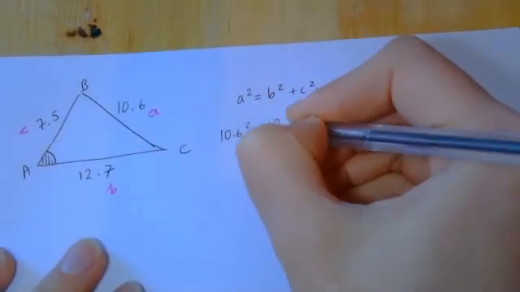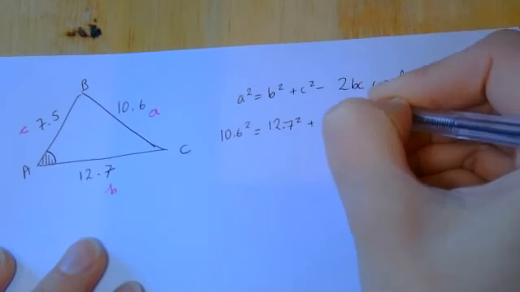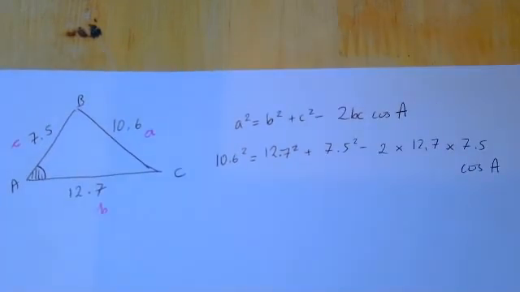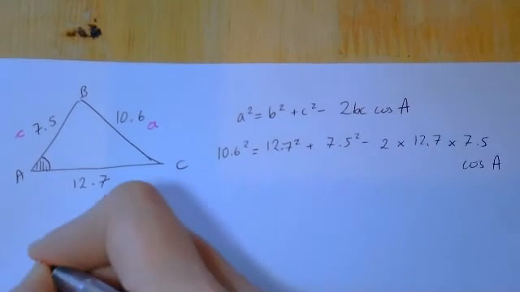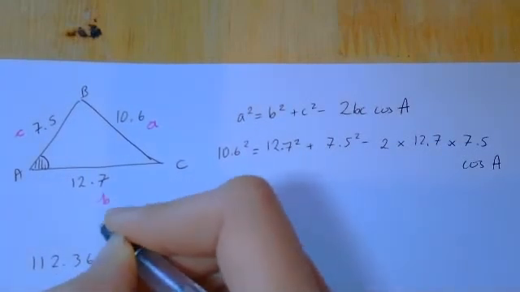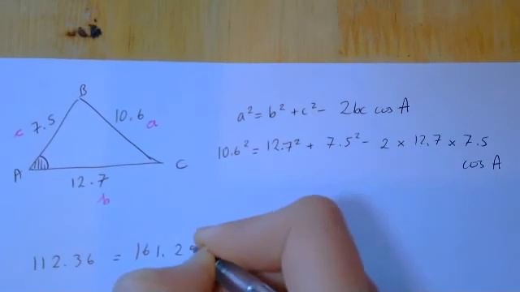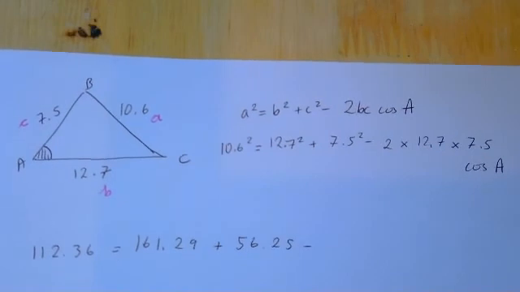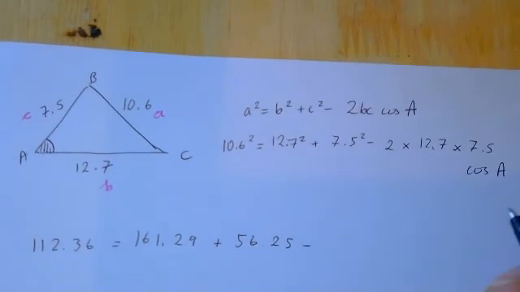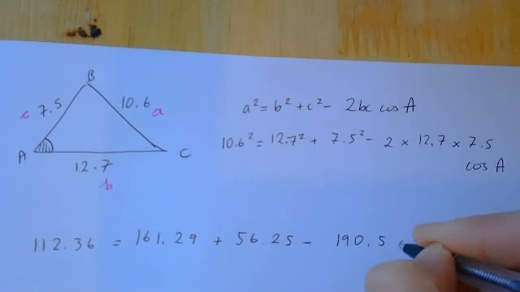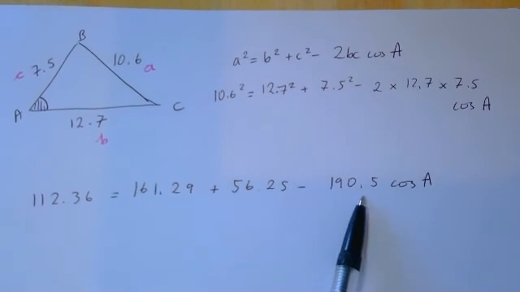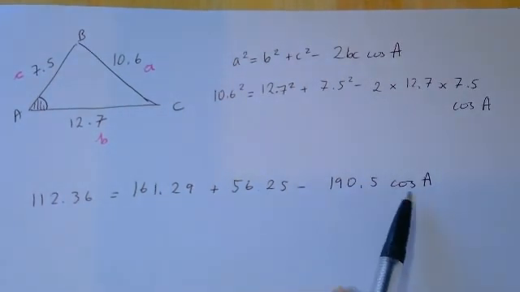Right, now I'm going to stick the numbers into the cosine rule. So a squared equals b squared plus c squared minus 2bc cos A. So 10.6 squared is 112.36 equals 161.29 plus 56.25 minus 190.5 cos A. Do not add up those numbers and take away that number.